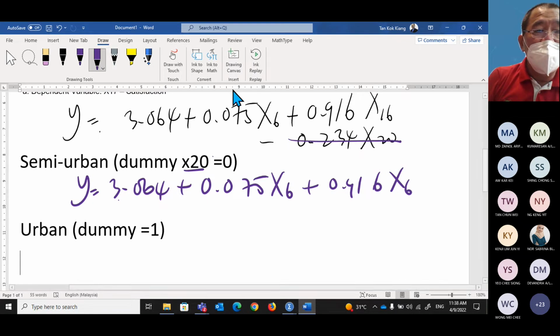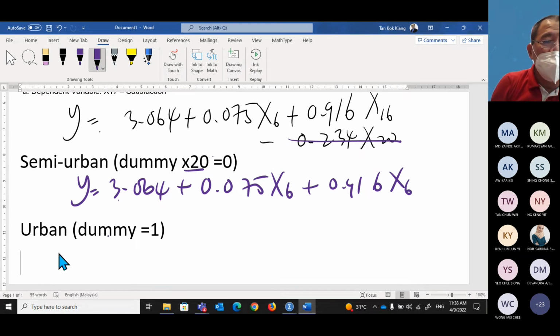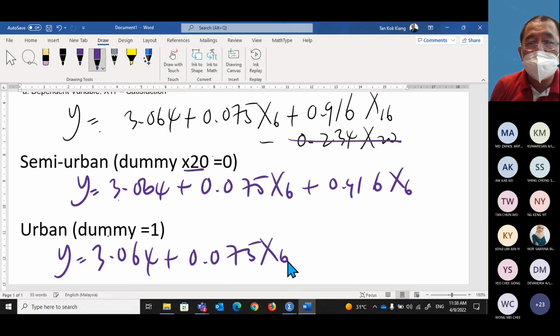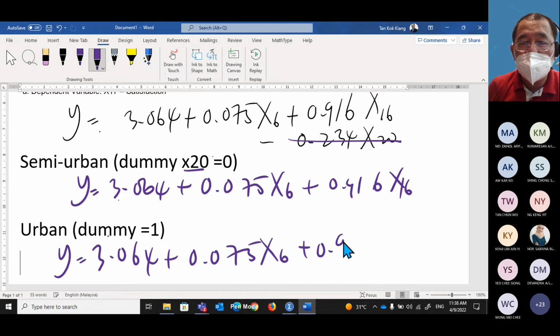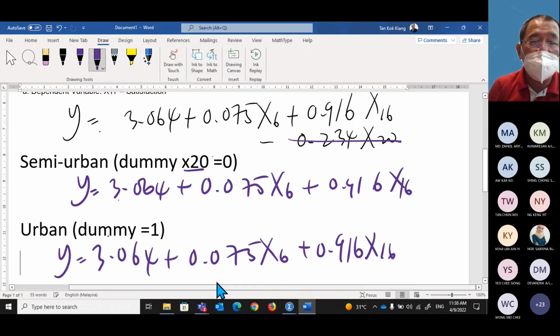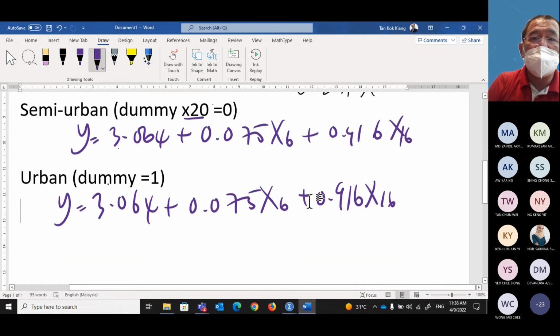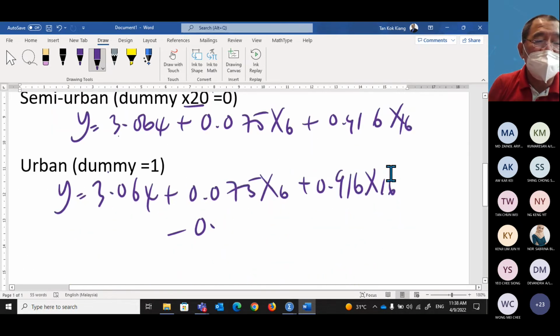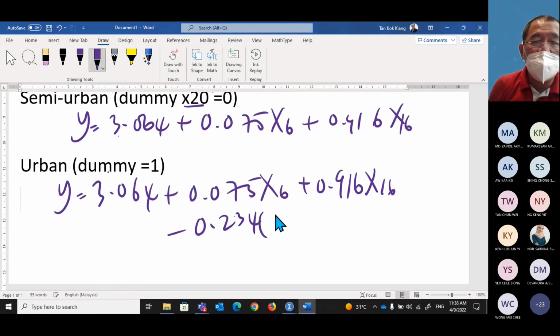And then for the urban, we get this: 3.064 plus 0.075 x6 plus 0.916 x16, and then minus 0.234 x20.